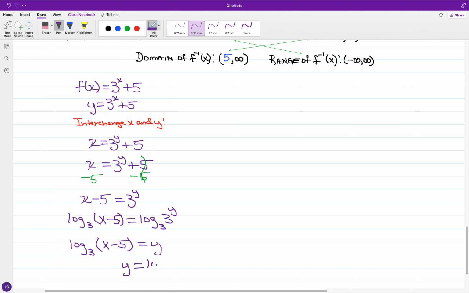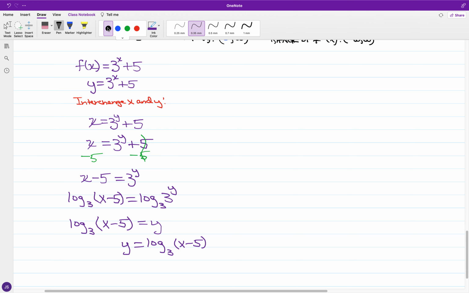And so for the inverse, we have the inverse of f of x is equal to the base 3 logarithm of the quantity x minus 5.